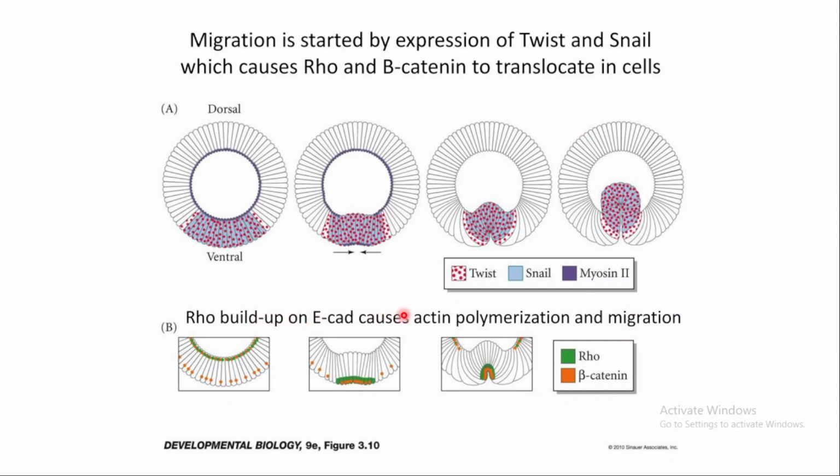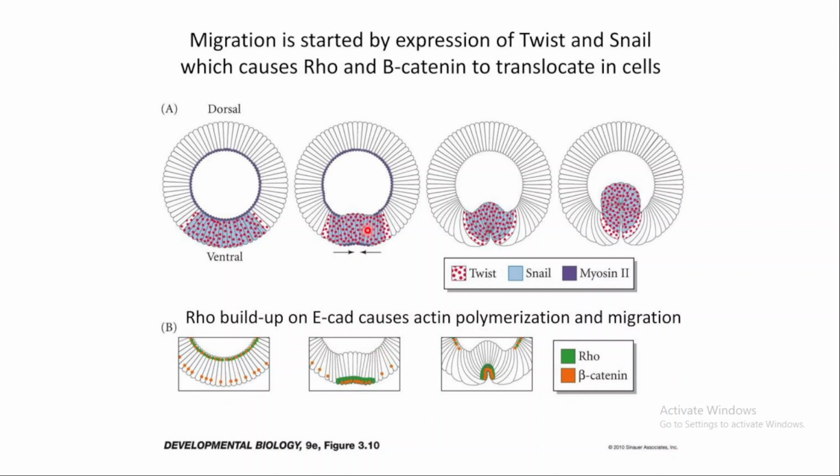Rho buildup on E-cadherin causes actin polymerization and migration. So this is the expression of another two players, Rho GTPases and beta catenin, which form the adherens junction and actin cytoskeleton linkage. Here we see that Rho and beta catenin were present in the basal side, and only beta catenin was present on the apical side of some cells, because apically we have the adherens junction.